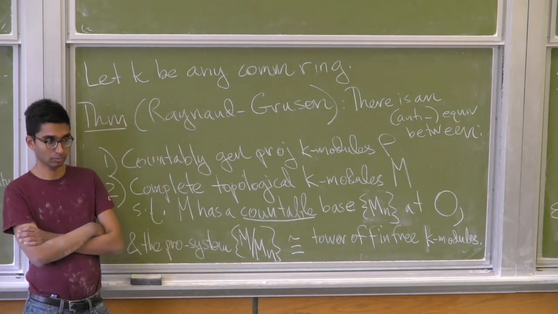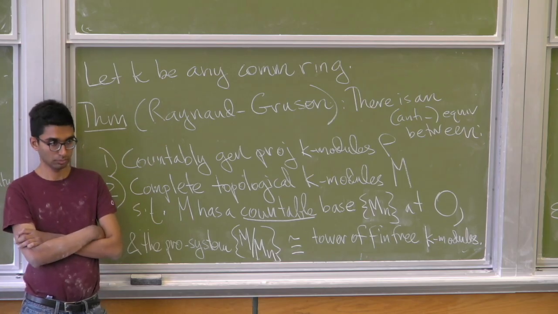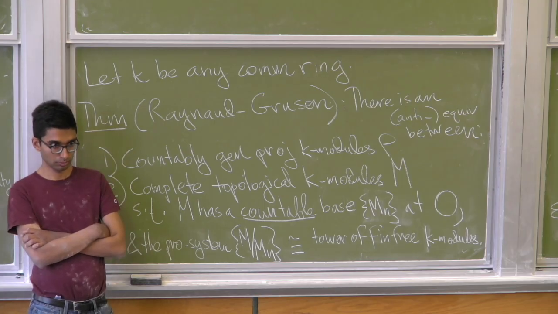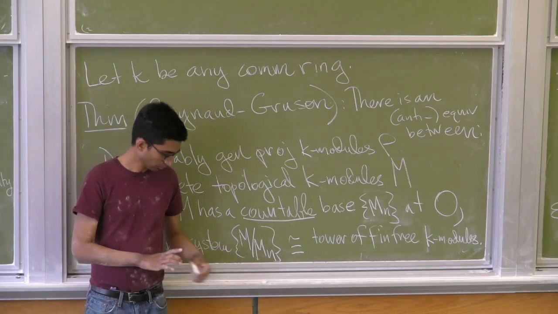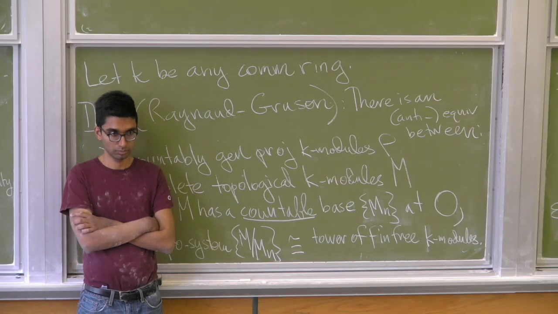Second, there is this observation that if you have, let's say, a finitely generated projective module, then it can be represented as a projective limit of finitely generated free modules, presented as a direct summand, precisely as an image of a projector acting on a finitely generated free module.